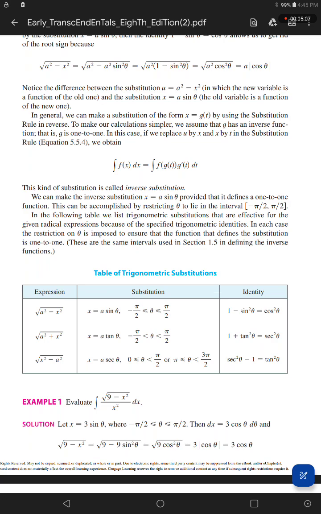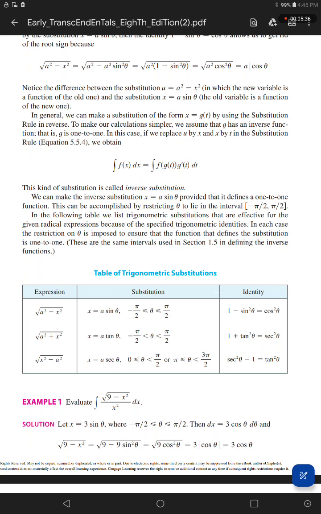The expression, the square root of a squared plus x squared, the substitution is x equals a tangent theta, and theta is greater than negative pi over 2 but less than pi over 2. And the identity is 1 plus tangent squared theta equals secant squared theta.